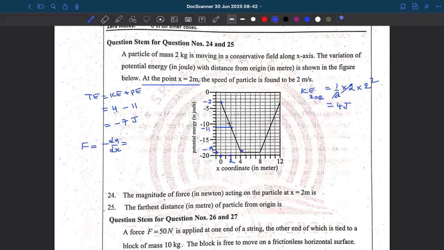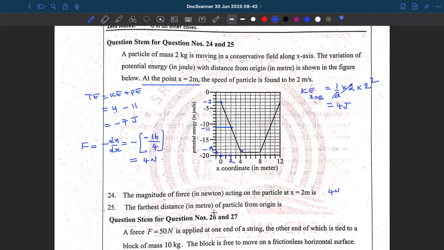So the difference is how much? 16. Minus of minus 16 because of the negative slope. 19 minus 3 is what I have done, and it is from 0 to 4. 4 difference. So this is 4 newtons. So for the 24th question, the answer is 4 newtons.